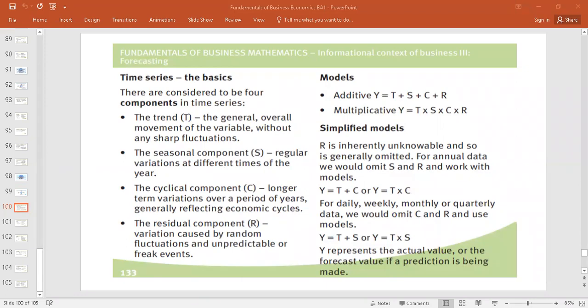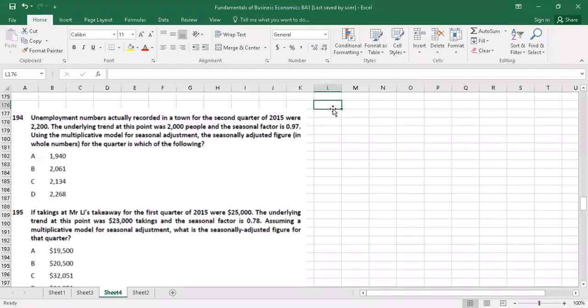Y is equal to T into S. What are we asked to calculate? Using the multiplicative model for seasonal adjustment, the seasonally adjusted figure for the quarter. So the seasonally adjusted factor is what we are asked to find out.